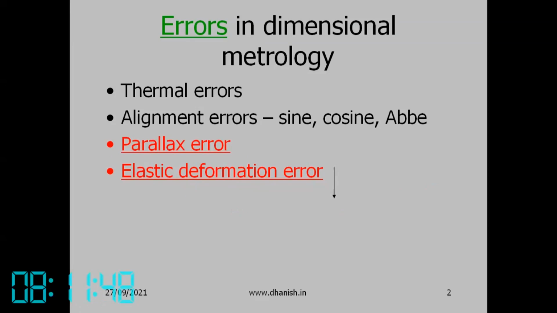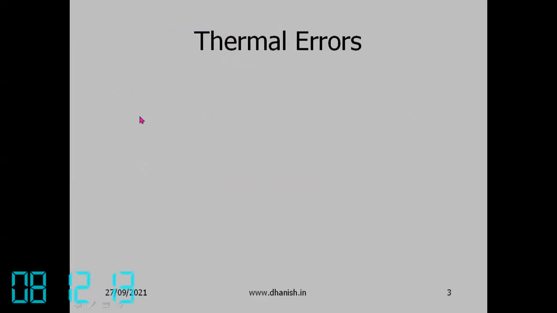That is, if the force is removed, the object will come back to the original dimension. But at the time of measurement, some force, if it is applied, that will cause some dimensional error. So that is called elastic deformation error. Okay, so let us see one by one.